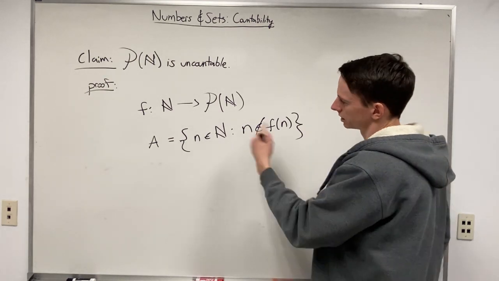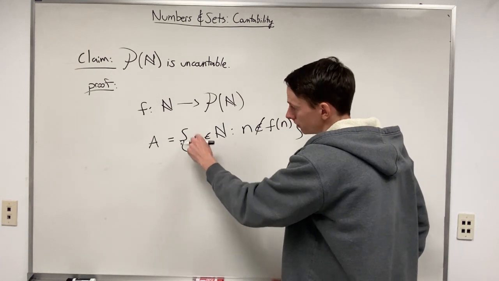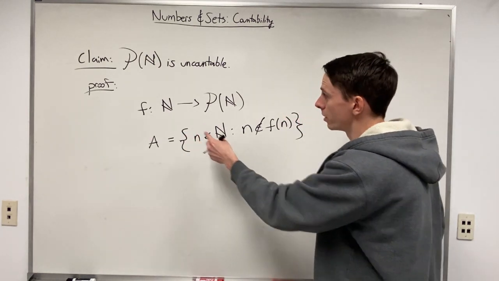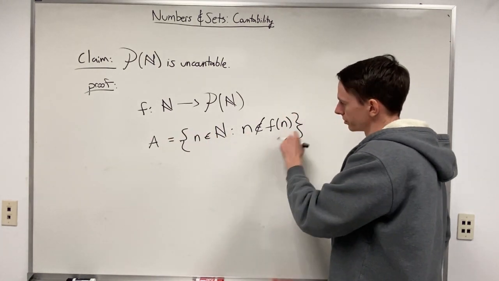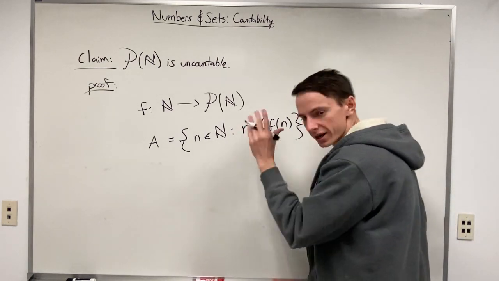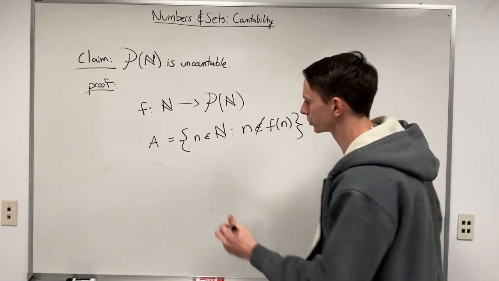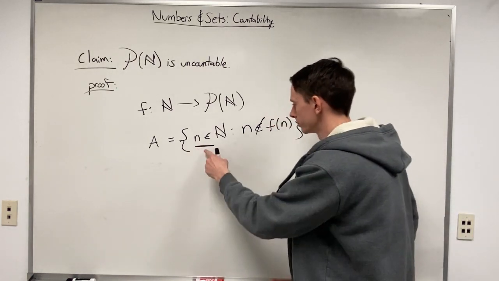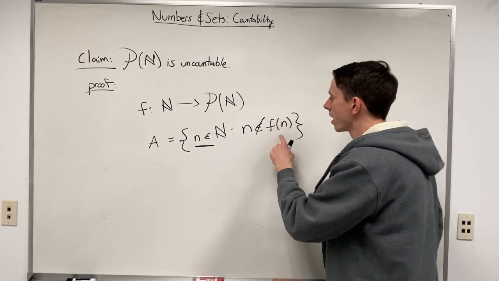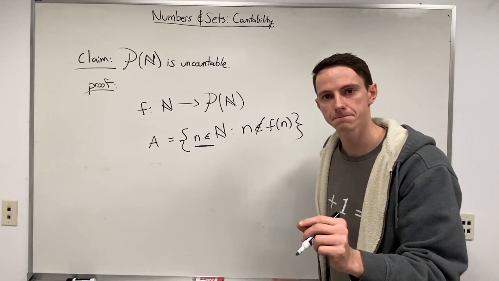Because natural numbers are the domain, and then when f acts on a natural number, this is an element of the codomain. Okay? And by constructing a function this way, what we are inherently doing is we are picking out the natural numbers that are not in the image of whatever function we're looking at.